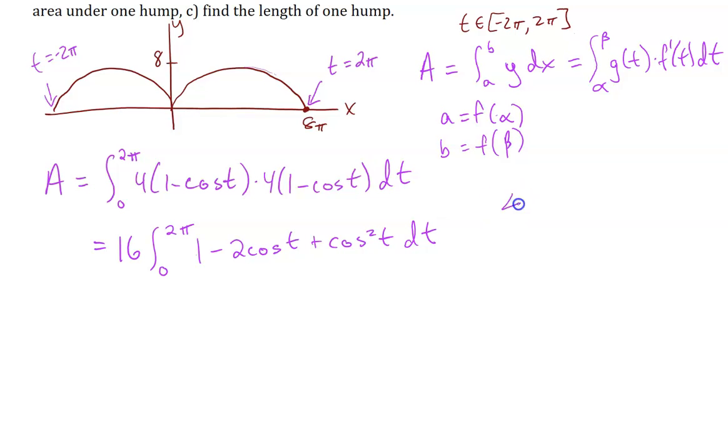So if you remember, half-angle identity is that cosine squared t is 1/2 times 1 plus cosine 2t, okay?